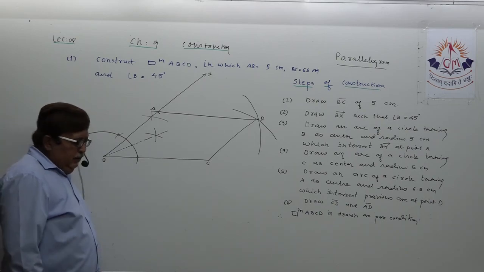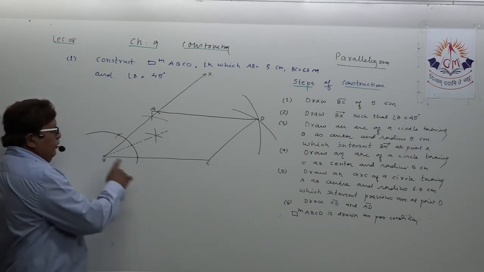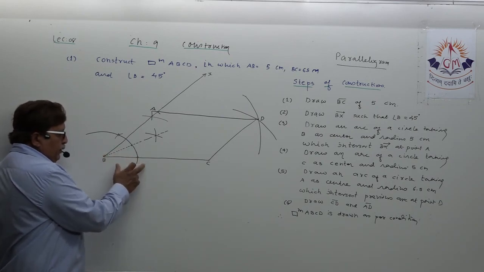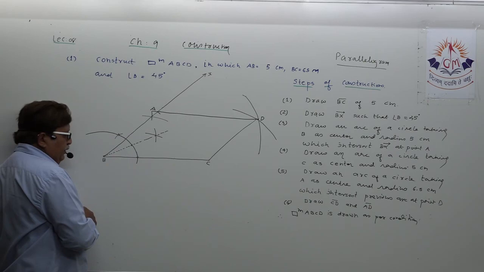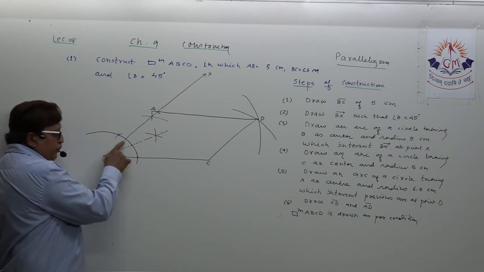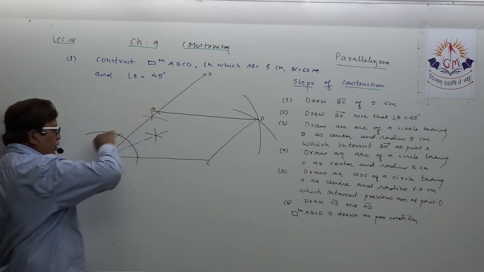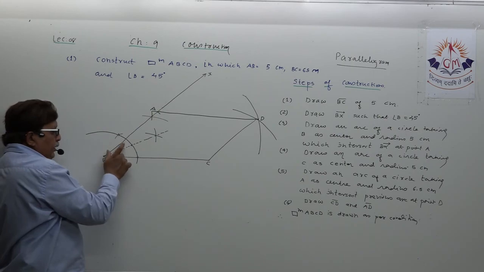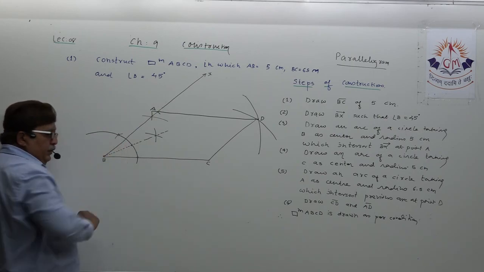Okay. Can I repeat? For the first step, draw BC of 6.5 centimeter. Can you speak the second step? What we have done? Draw ray BX such that angle B equals 45 degree.